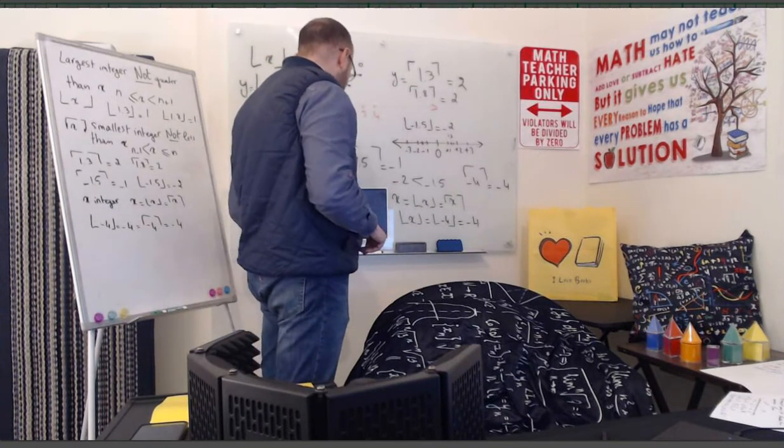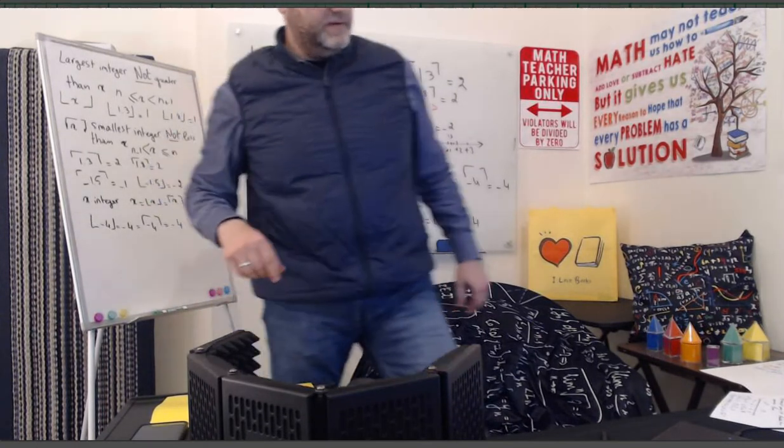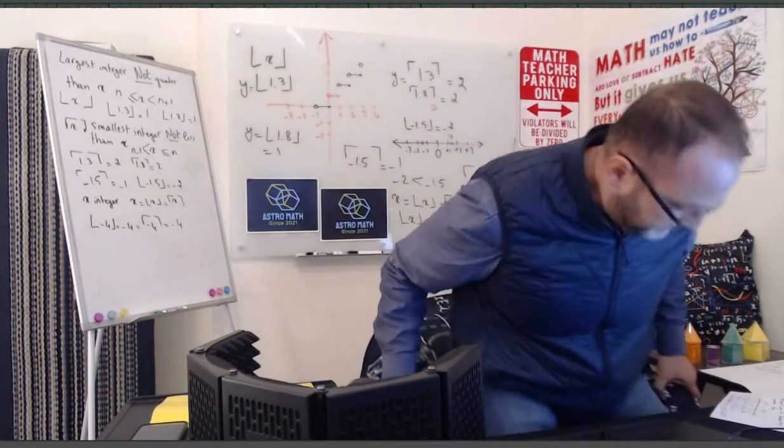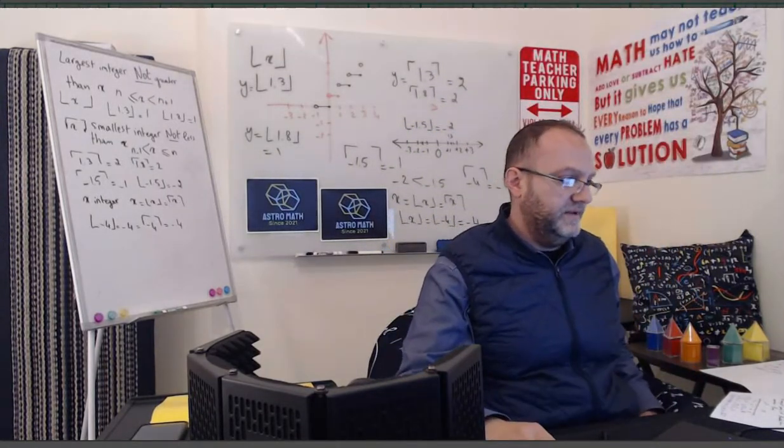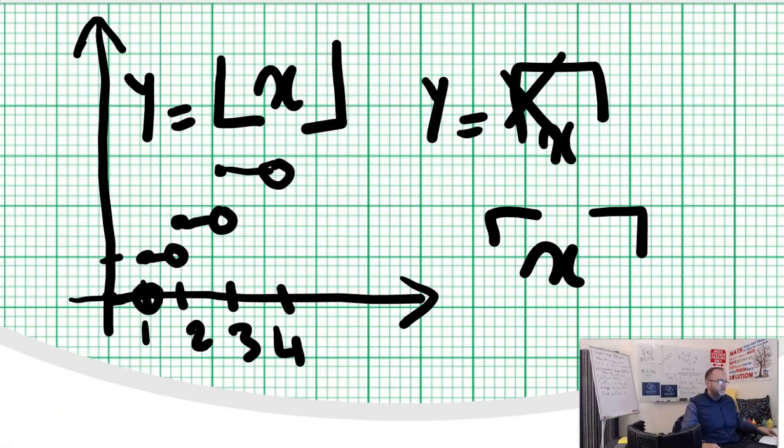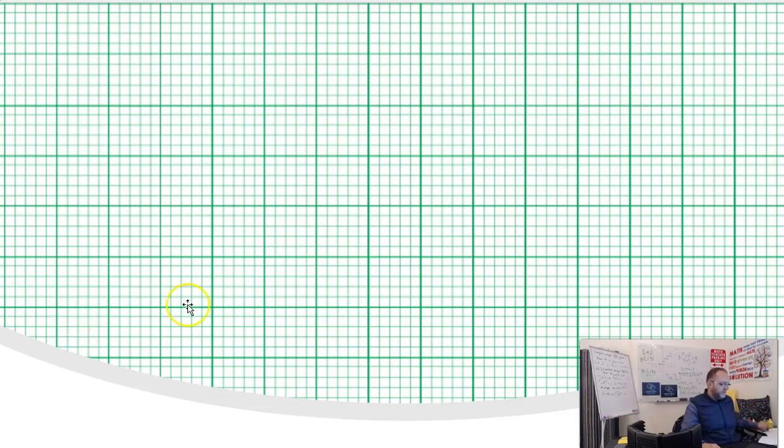Now, having said that, let's switch back here and go back to part A. And let's not forget, the same way I reminded you of that simple thing: minus 2 is less than minus 1.5.